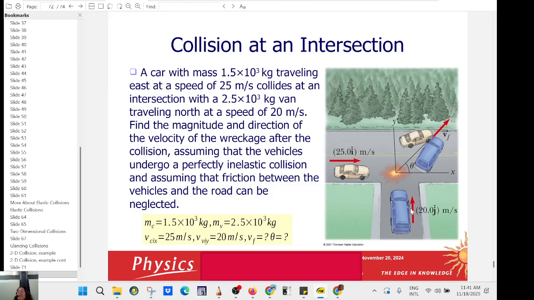So it depends on the initial momentum. This one could have more momentum if it goes very, very fast, so then the angle will be less than 45 degrees. It will go in this direction because that will be the winner. But when you add the momentum before, those two vectors will be equal to the momentum after.